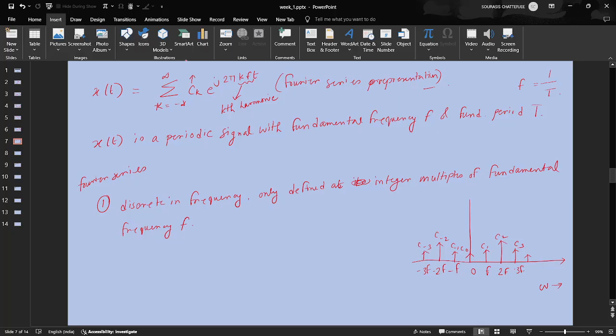So what we obtain from the Fourier series is that it's discrete in frequency. First of all, it is not defined at all frequencies. It is only defined at the integer multiples of the fundamental frequency, which we call the harmonics. And not only that, we have different coefficients c_k associated with each of them.